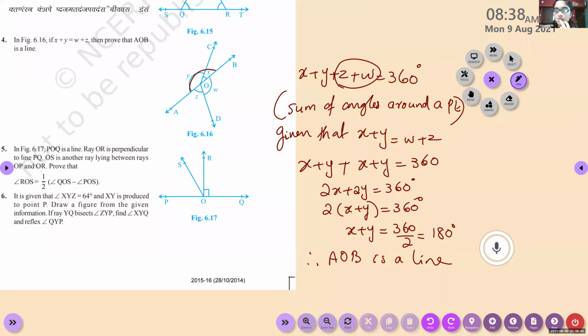Sum of angles around a point. Therefore, AOB is a line. Reason: x and y form a linear pair.